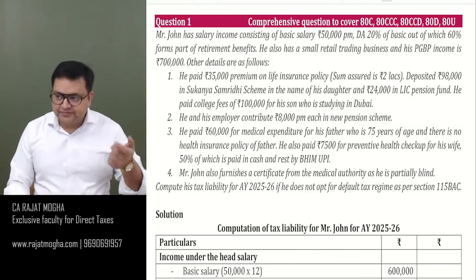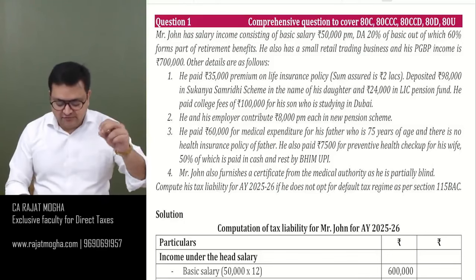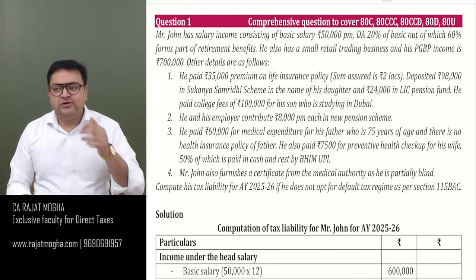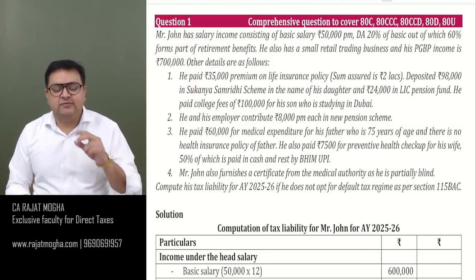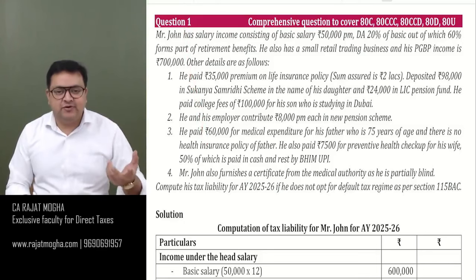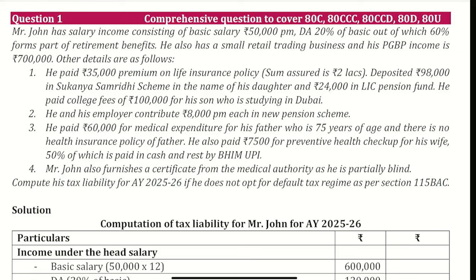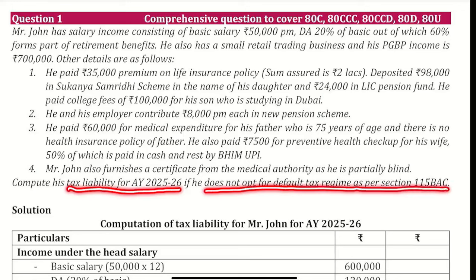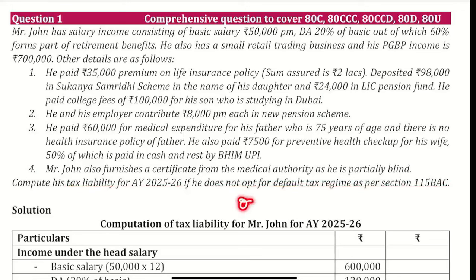Guys, again, what we should do, instead of reading the question first, we should first come to that point: what is demanded from us, what the examiner is actually asking. So let us see here. Compute his tax liability for the assessment year 25-26 if he does not opt for the default tax regime as per 115BAC.